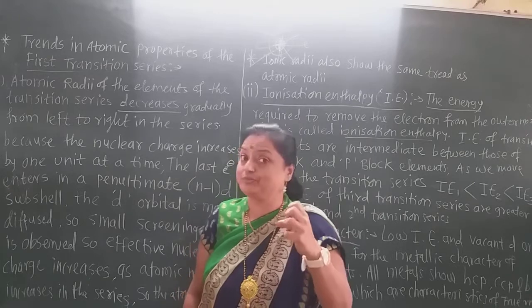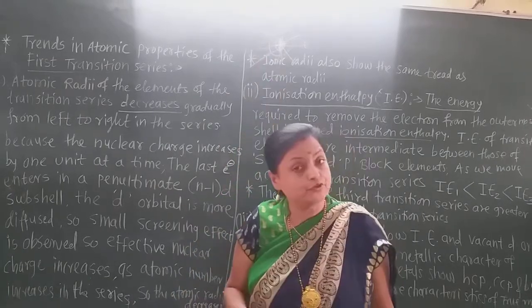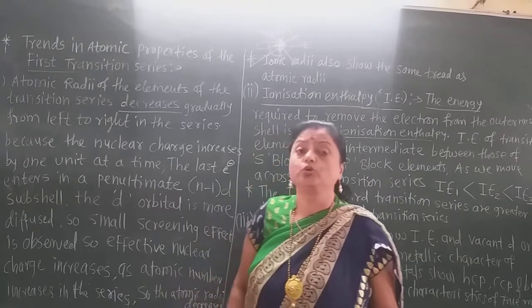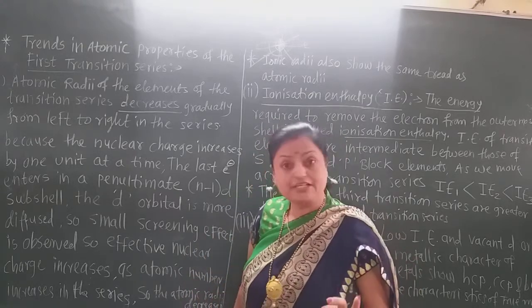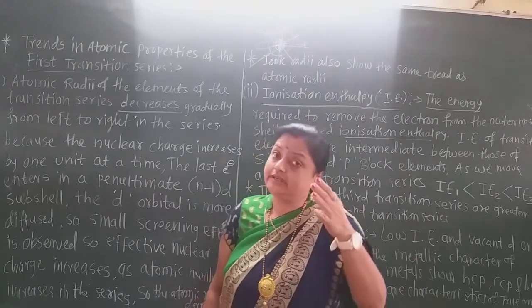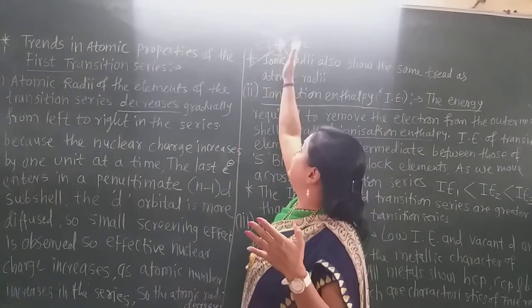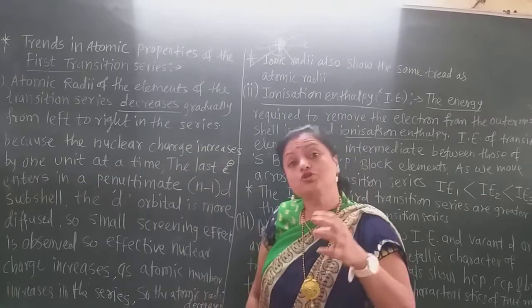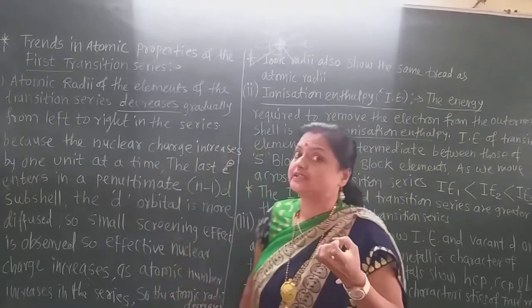The d orbital is very diffuse and its screening effect is very small compared to the s orbitals, so it cannot screen the force of the nucleus from those electrons, and the electrons get attracted toward the nucleus.